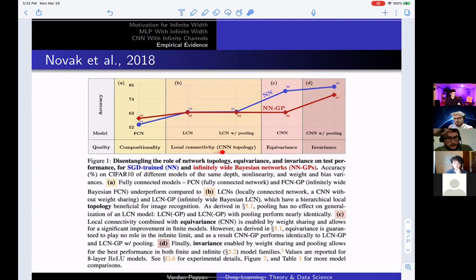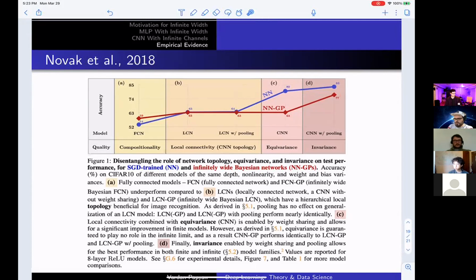And what they did was they checked what happens if instead of using a fully connected layer, you use local connectivity. What does local connectivity mean? Local connectivity is like a convolutional layer, but you don't share the weights of the different shifts. So you reduce the size of the weights to a fixed limited spatial size, like 3 by 3, but the weights in different locations of the images are not the same.